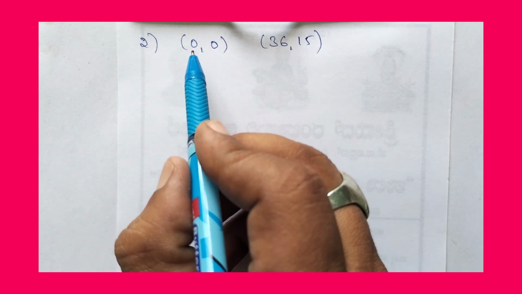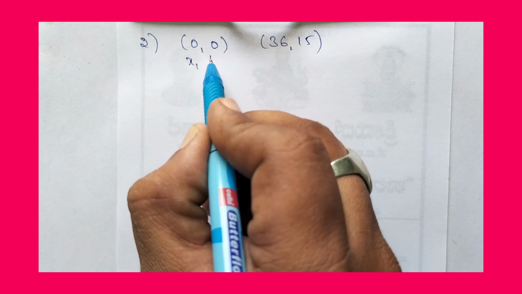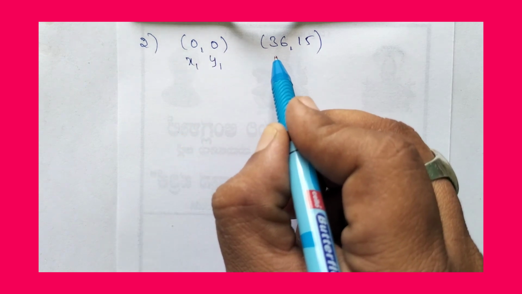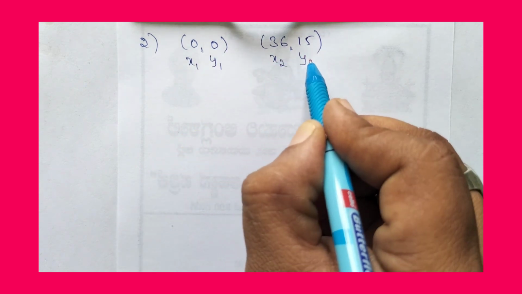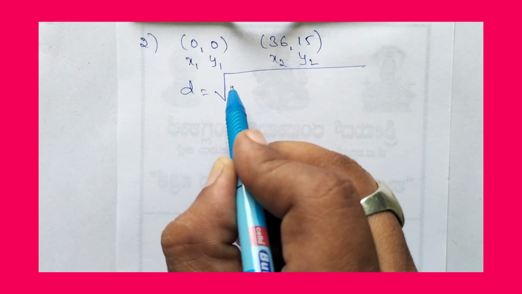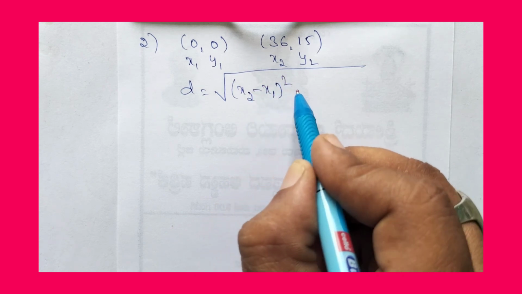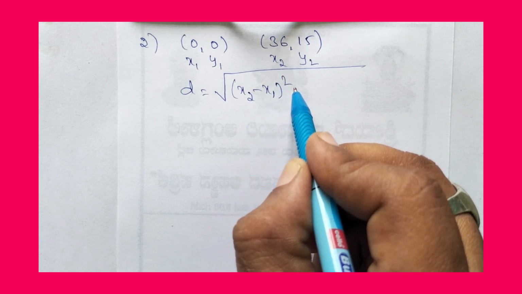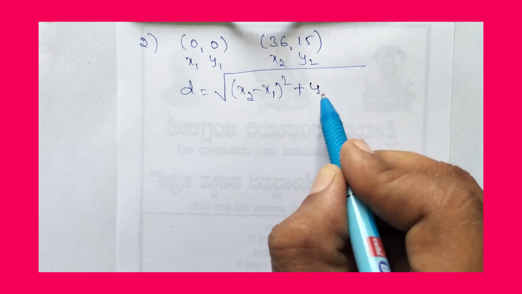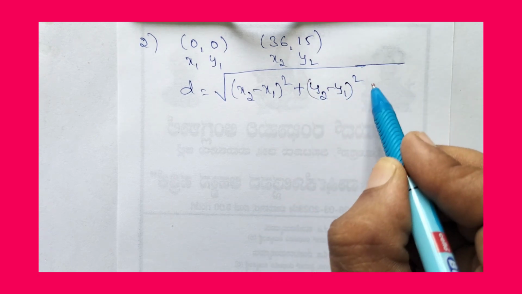So the coordinates of 2 points are given: 0, 0 as x1, y1, and 36, 15 as x2, y2. Find the distance. Write the distance formula. D is equal to square root of (x2 minus x1) whole square plus (y2 minus y1) whole square.